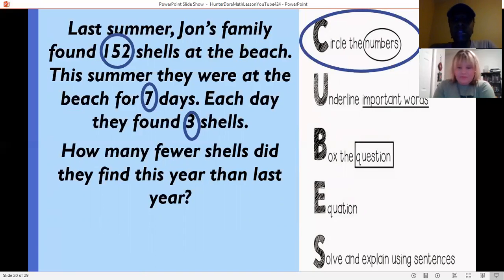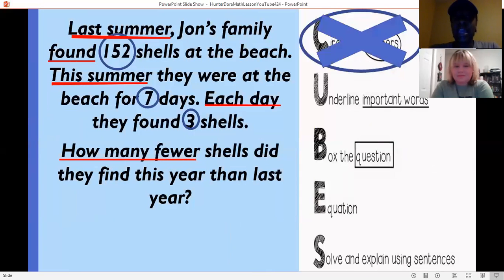All right, so what would be some important words? Take a moment and look. All right, the important words that were underlined were last summer, his family found, and then this summer, each day, and how many fewer.